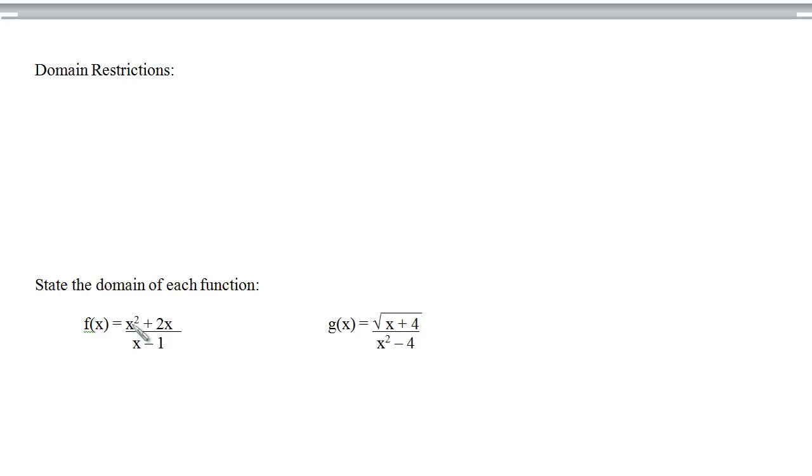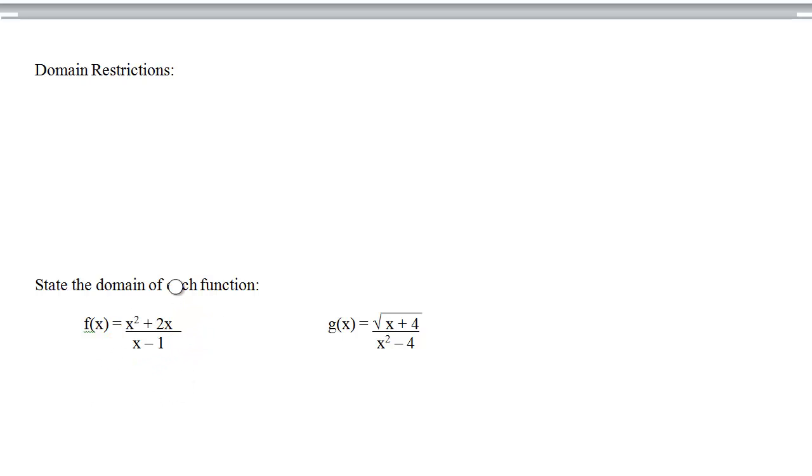But when you're given a function like these below here, f of x equals x squared plus 2x over x minus 1, when you have this rational function, you're going to get domain restrictions when you end up with zeros in the denominator. Remember, we can't divide by zeros. If you do it in a calculator, you're going to get that error. And that's what I'm talking about here.